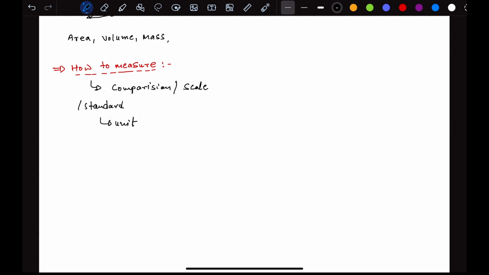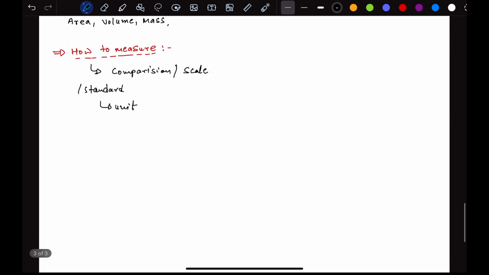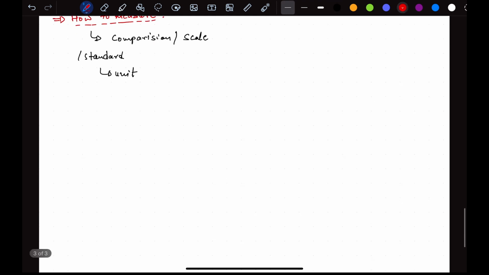So next, the important thing: as soon as we come into science, although you must have learned all these things in the earlier classes as well, let's still go through them so that we don't have any doubt when we go through all these terms. So let's define the unit. What is the unit?